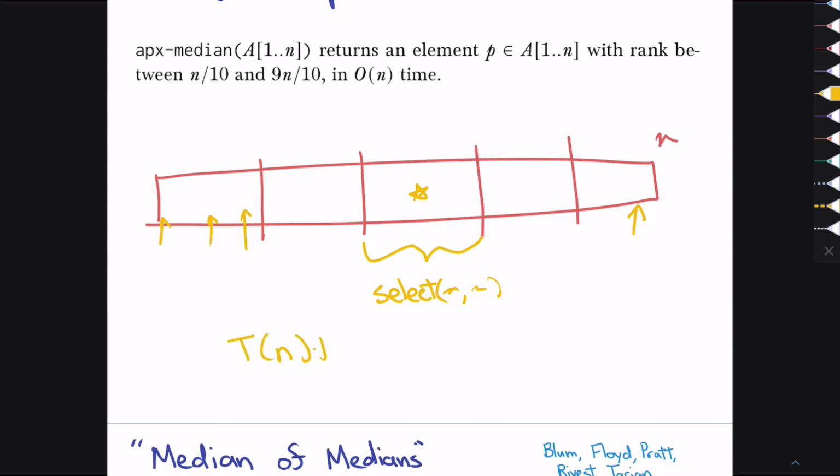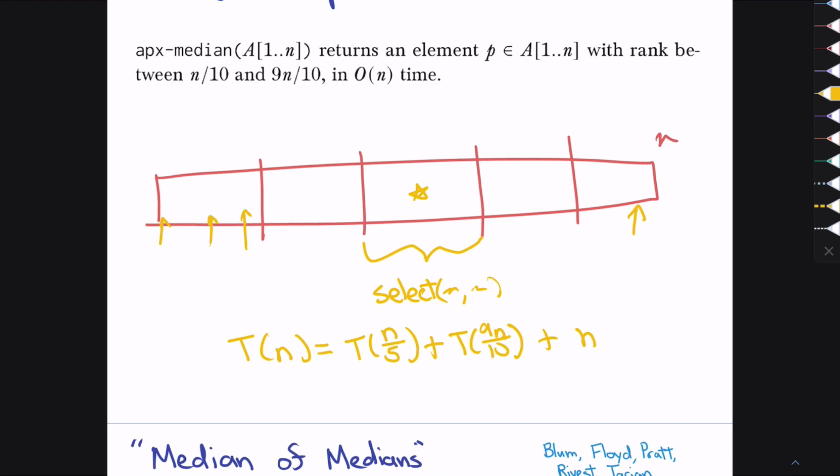This is not a bad idea, but I think this is where it's going to have trouble. So now you have your running time, which is calling select on 1/5 of the array, plus, just like before, your 9n over 10 plus n.